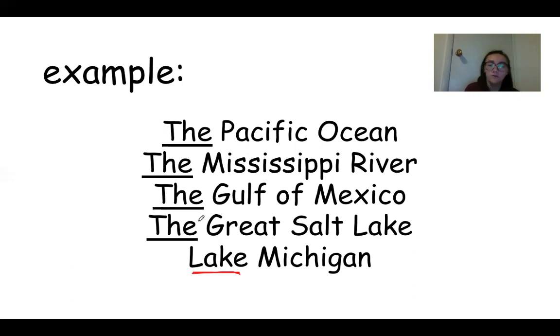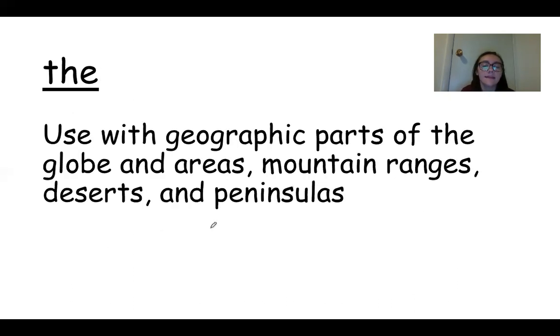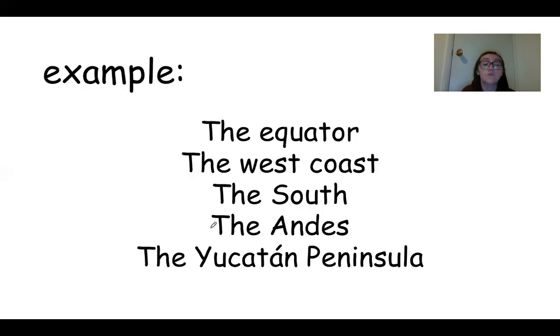But if you say, the Great Salt Lake, you have to use the because it's the title, it's the name of it. But if you say Lake Michigan, which is also its name, we don't need to use the because the word lake comes before the name. And you'll see that the word lake comes at the end of the Great Salt Lake, which is why we use the word the.